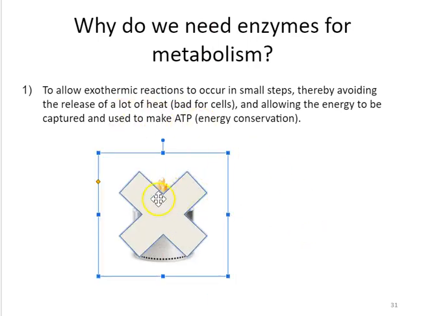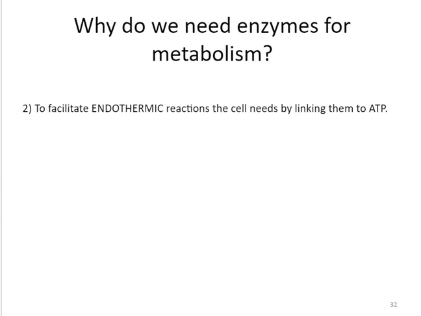So in order to contain that, we will use enzymes, and we will break apart exothermic reactions so they occur in multiple catalyzed small steps, thereby avoiding the release of a lot of heat and allowing the energy to be captured and used to make ATP, something called energy conservation. Secondly, we need enzymes to facilitate endothermic reactions that the cell needs to do by linking them to ATP. More on that later.